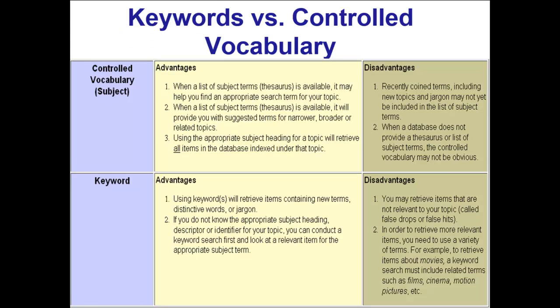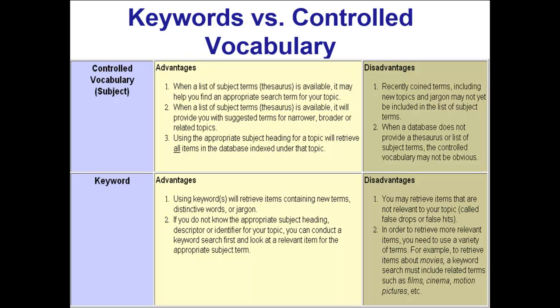So here's a quick and handy little comparison chart of keywords versus controlled vocabulary. On the left we have advantages, and on the right we have the disadvantages. And I really want to point out to you that the advantage of controlled vocabulary is that it will provide you with suggested terms that you can either incorporate into your search, or you may just click on the linked topics and it'll go and redirect your search.